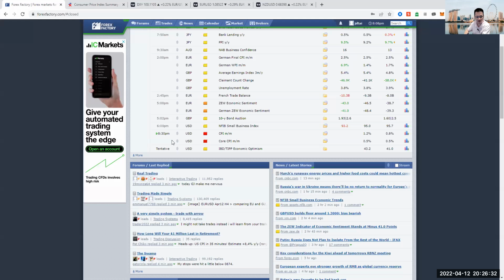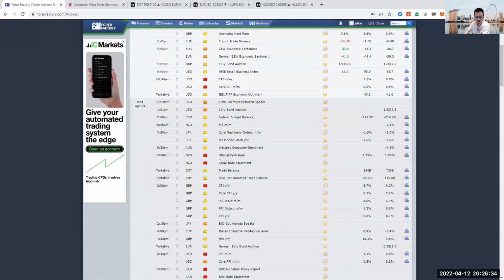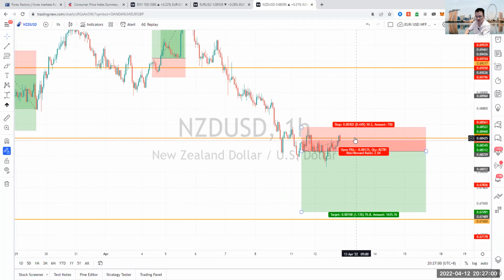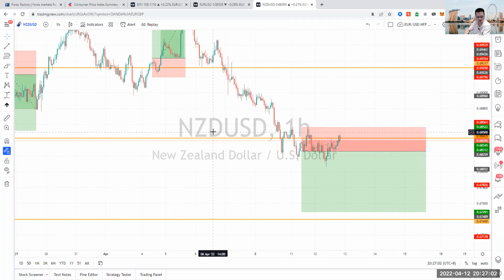But bear in mind that tomorrow we do have the RBNZ with their rates statement and rates decision, looking at a possible rate increase as well from 1 to 1.25. So if that does happen, then make sure you're not holding on to this trade for too long. I think that if they don't say anything too crazy in a statement, we're likely to see the Kiwi dollar come down tonight and then tomorrow bounce back up again towards this 0.6843 level.